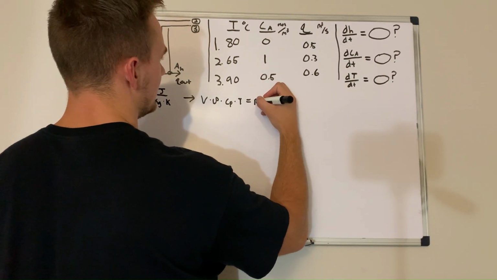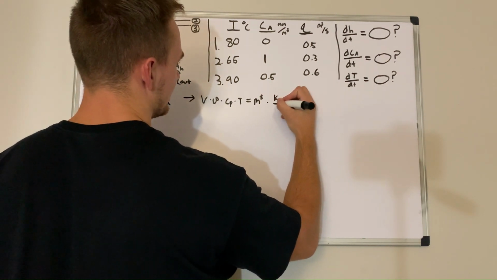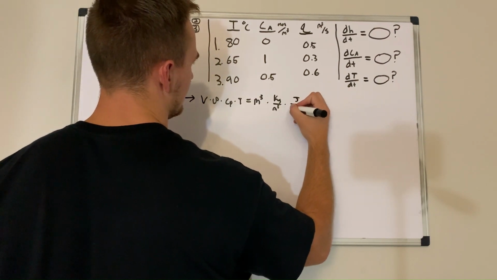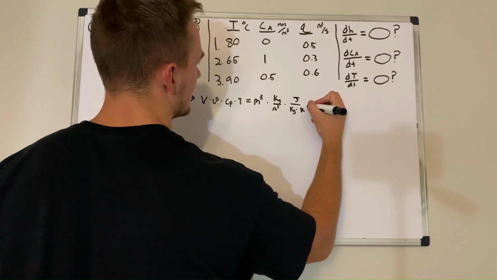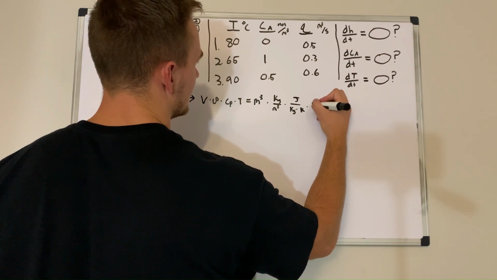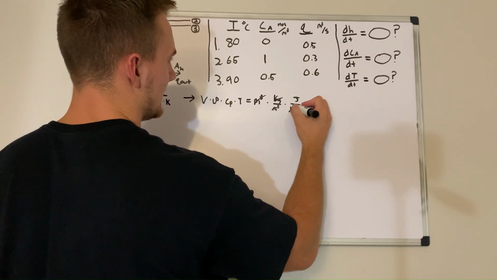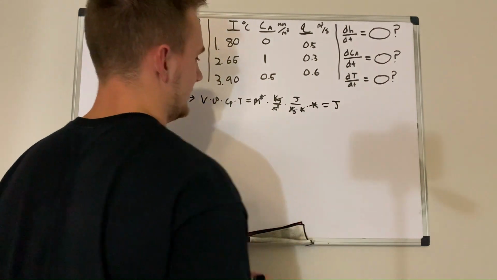For volume, usually meters cubed, right? Density, kilograms per meters cubed. Heat capacity, joule per kilogram Kelvin. And then temperature is in Kelvin. So meters cubed cancels out, kilograms cancels, and then Kelvin. So what we're left with is joules here.